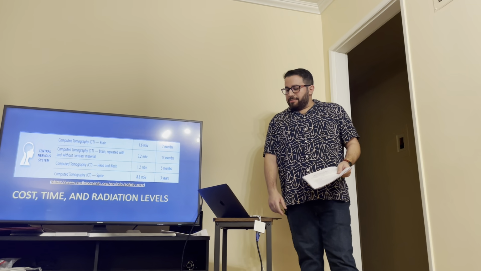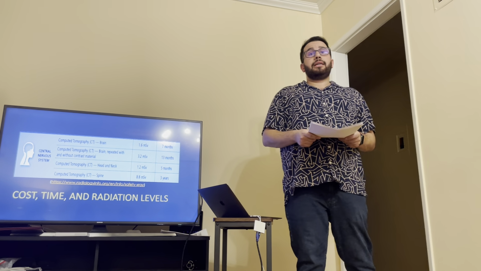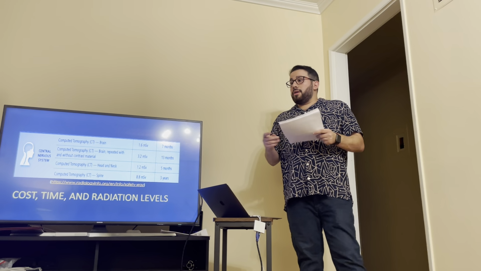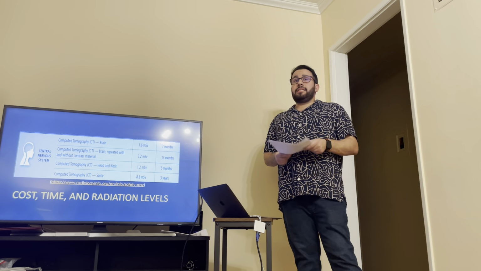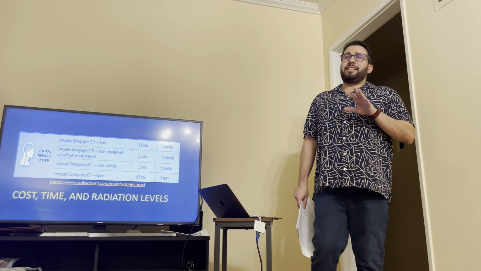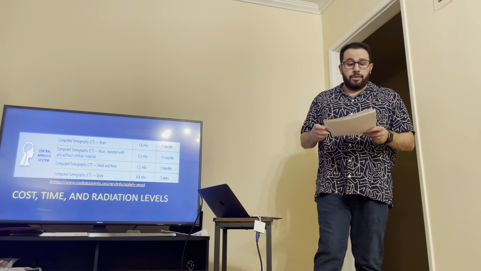So let's go over some details of the cost, the time, and the radiation dose when using CT versus MRI. According to Health Images, CT costs roughly half the price of an MRI, about $1,200 versus roughly $2,000.